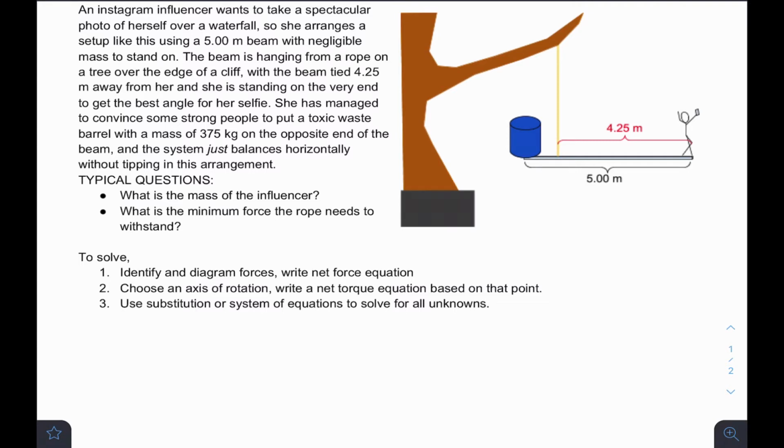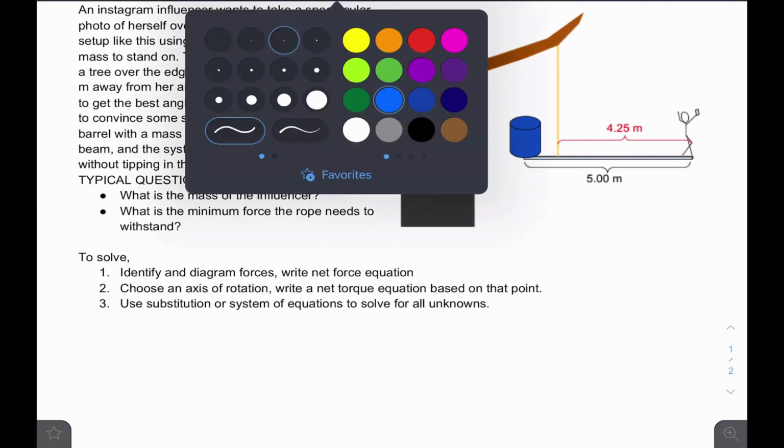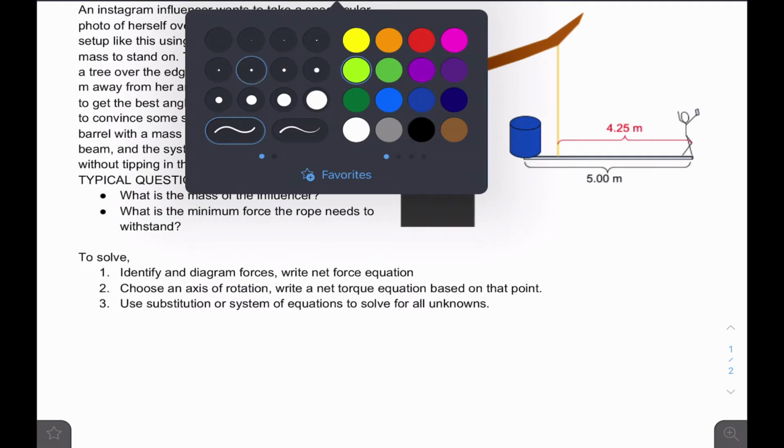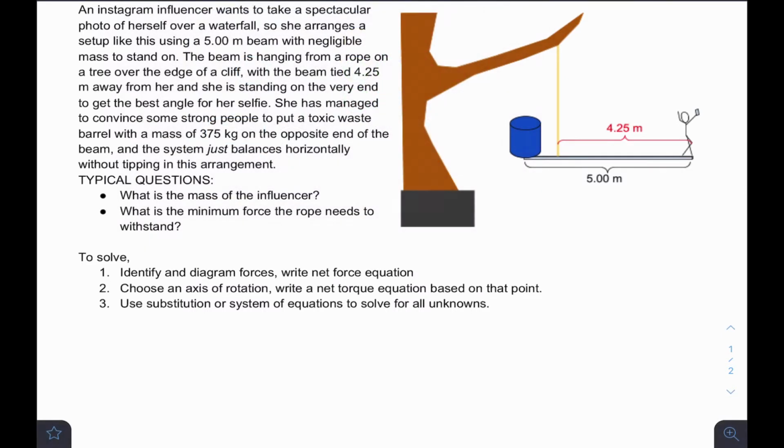So this is a situation with three different forces. And so we want to identify those three forces. So we have, first of all, the weight of the barrel, mg. So we'll just call it W barrel.